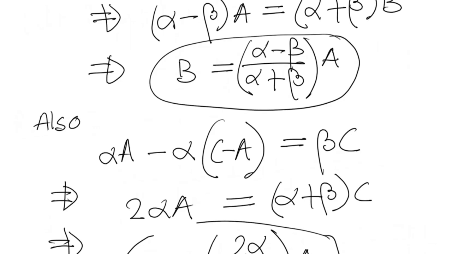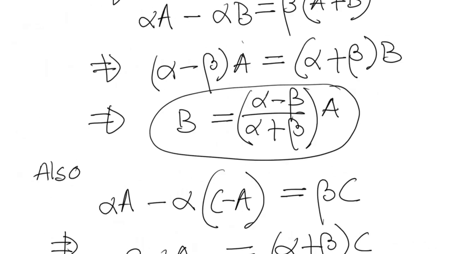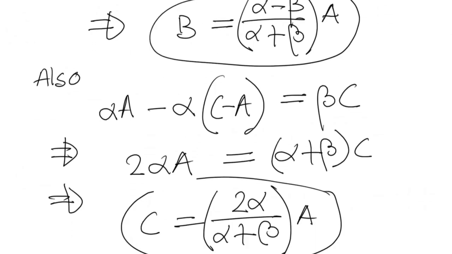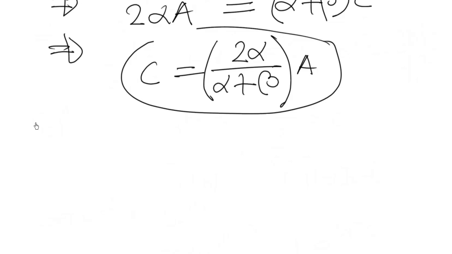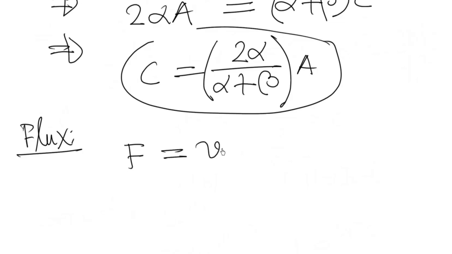And we would like to find the incident, reflected and transmitted flux in terms of incident flux, and the flux is defined as velocity times probability density, which is the wave function modulus squared.